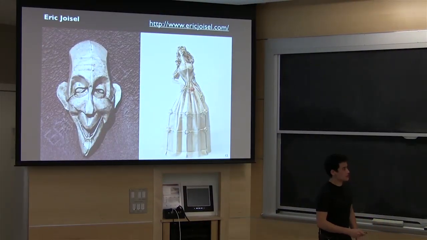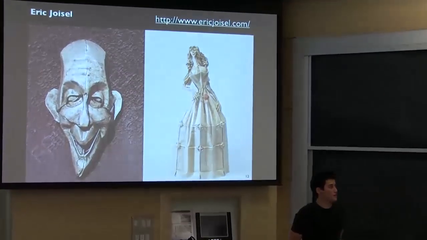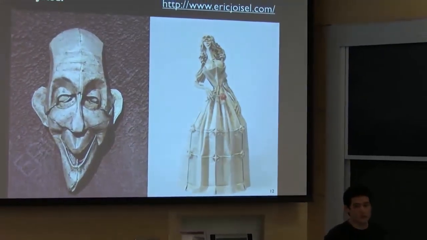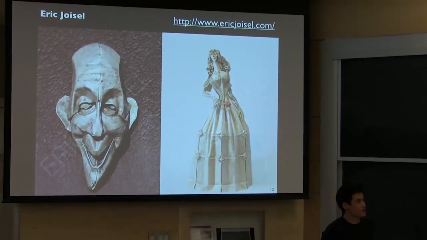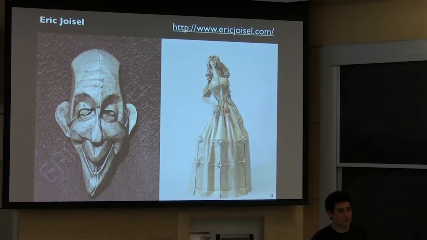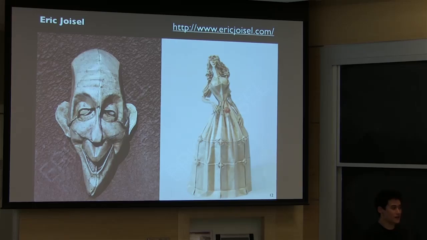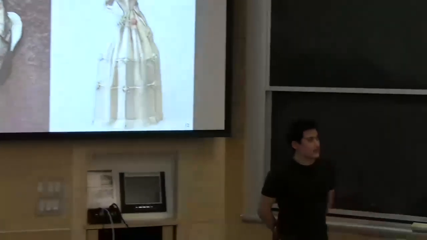This is taken from a collection of masks. He's done numerous masks that are really very expressive. He was one of the first people to really, for me at least, evoke and convey emotion in his work.